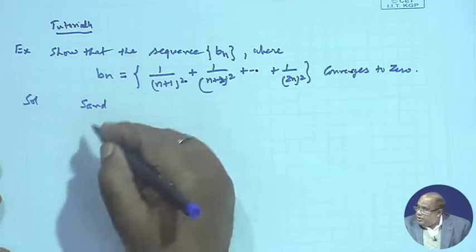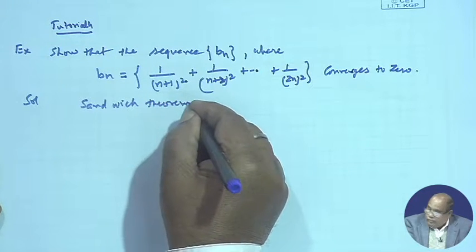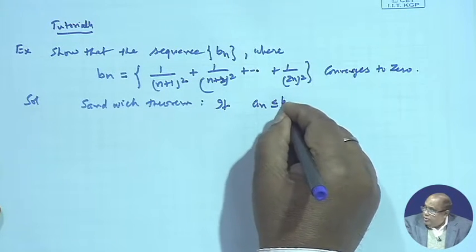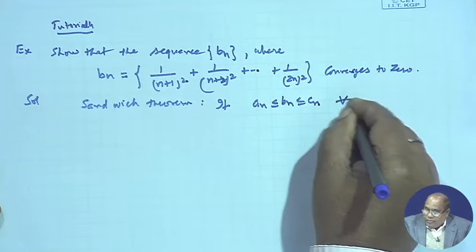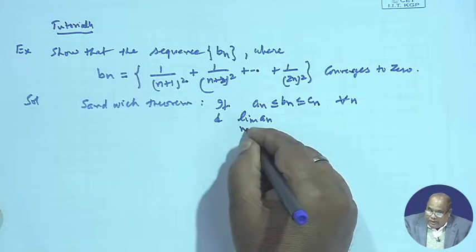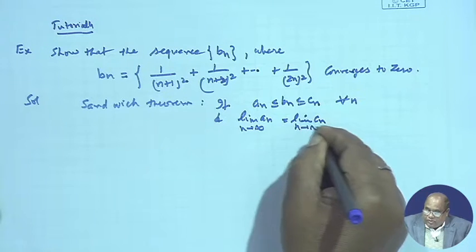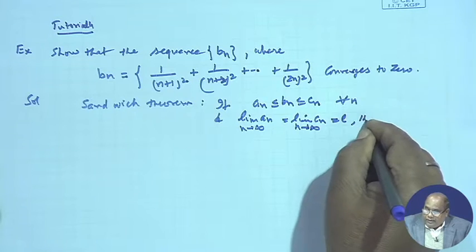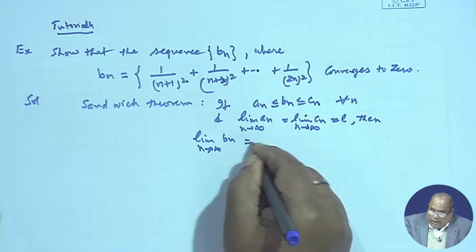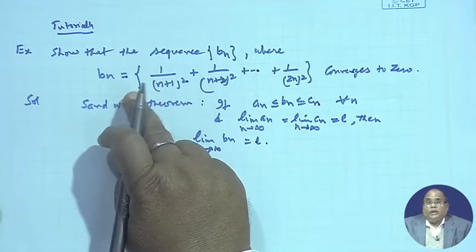The sandwich theorem says, if An is less than or equal to Bn, less than or equal to Cn for every n, and the limit of An as n tends to infinity is the same as the limit of Cn as n tends to infinity, and both are say L, then the limit of Bn as n tends to infinity will also be L. So, using this sandwich theorem, we will prove that the limit of Vn will go to 0.